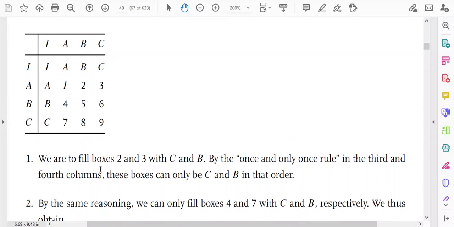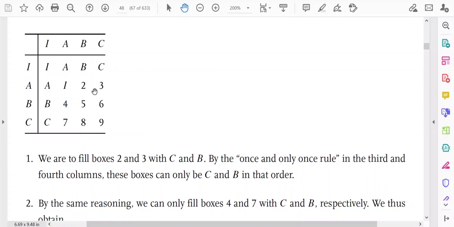Now we are to fill boxes 2 and 3 with C and B, because 2 choices are left, but you have to write in this way by applying the once and only once rule. In the third and fourth columns these boxes can only be C and B, otherwise there will be 2 elements in these 2 columns.